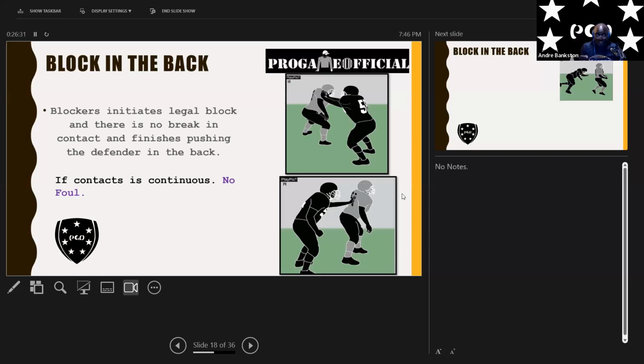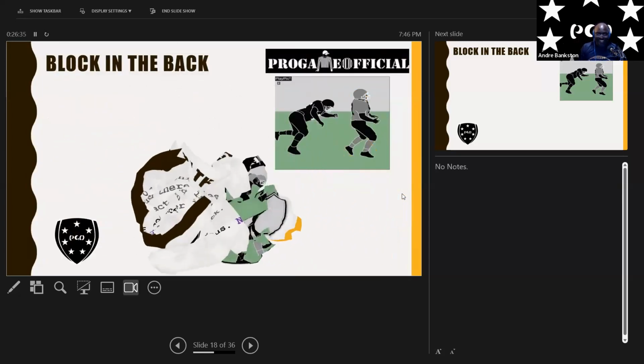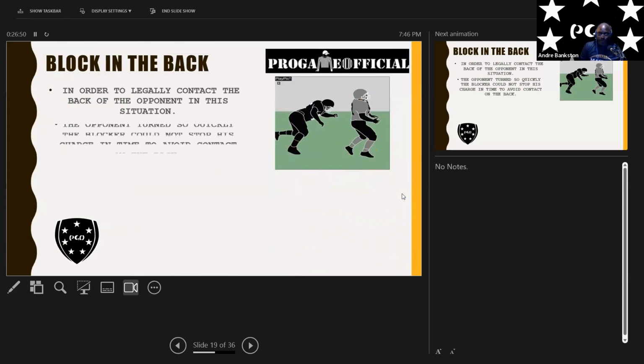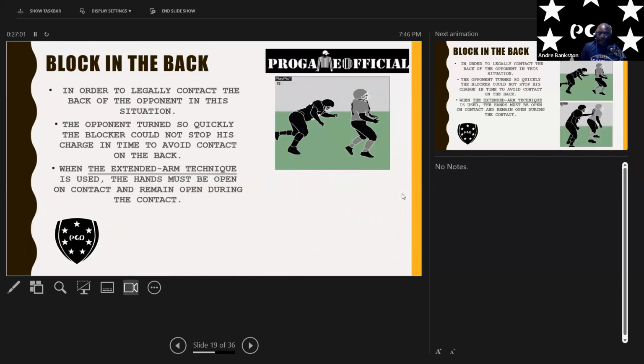Is there another legal block in the back? Yes, there is. I'm glad you asked. This could be a legal block in the back. How? In order for this to be legal contact in this situation, the opponent will have to turn so quickly that the blocker could not stop his charge in time to avoid the block in the back.